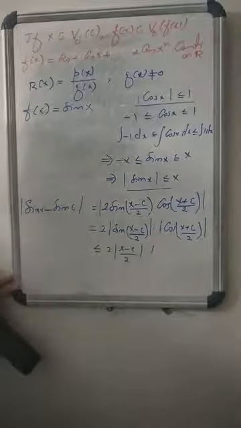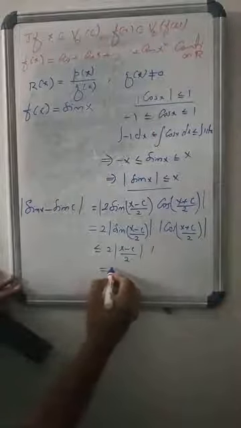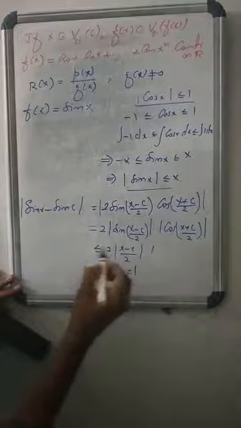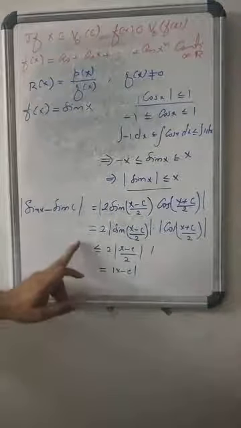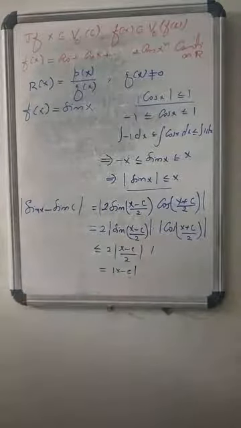So it is less than or equal to |x−c|. The 2 and 2 cancel. So |sin x − sin c| is less than or equal to |x−c|.